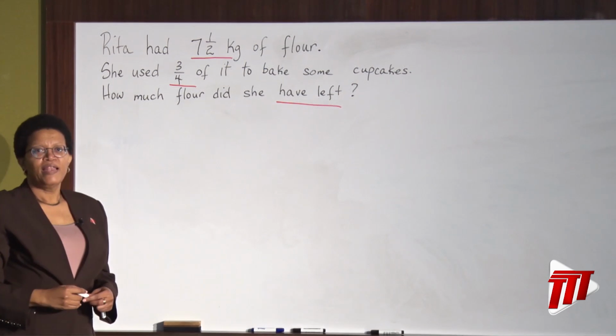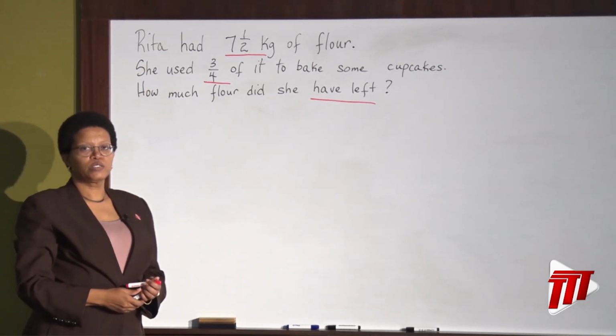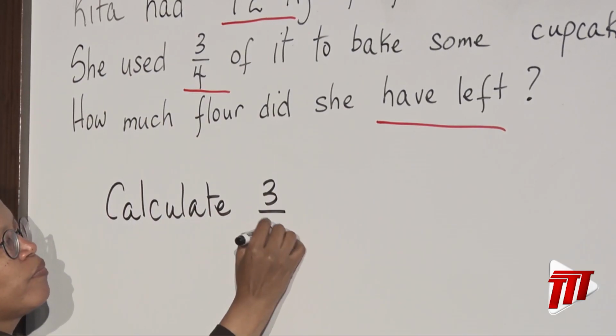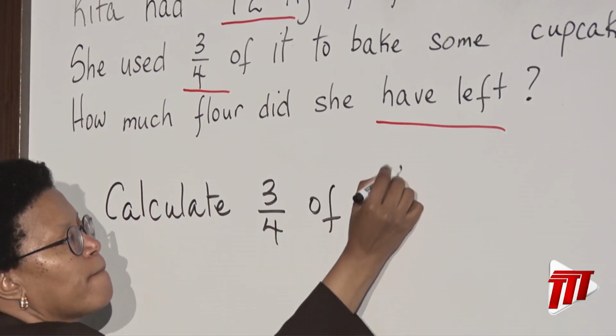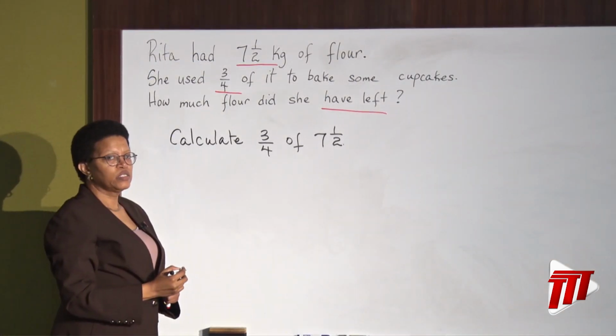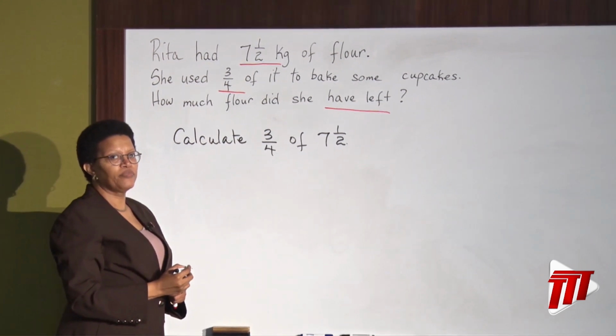So let's first calculate what is 3/4 of 7.5. Then let us subtract the result from the total.